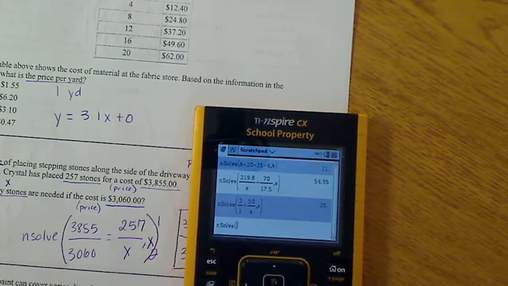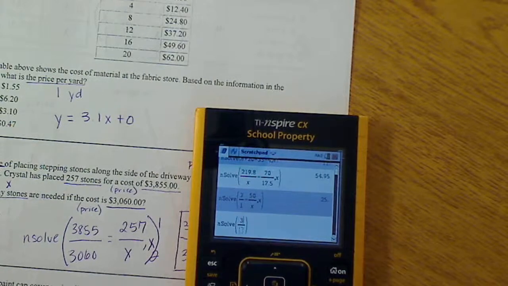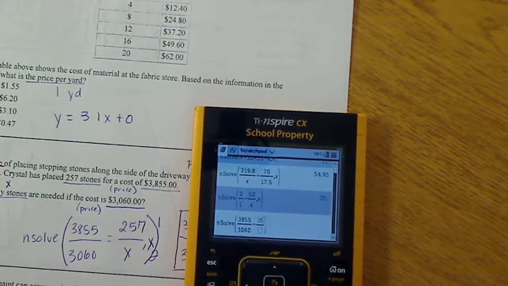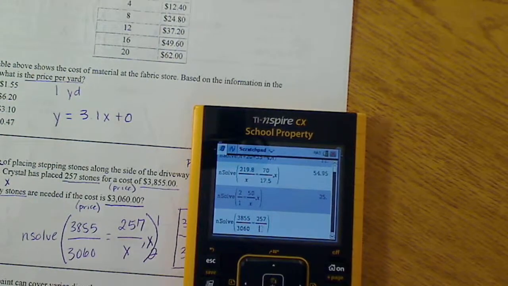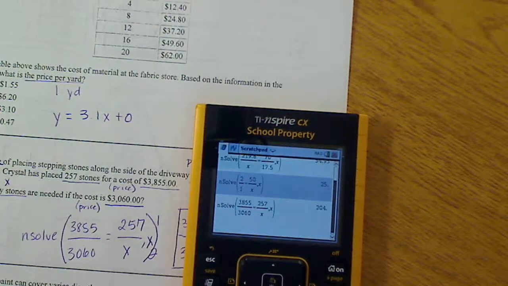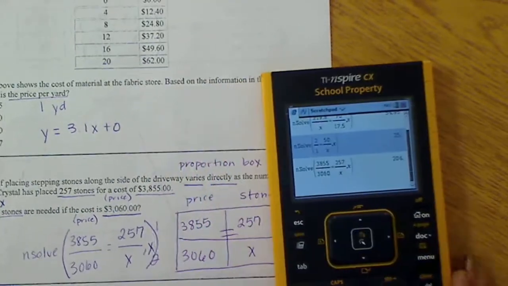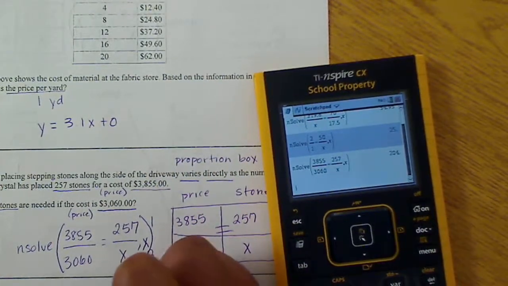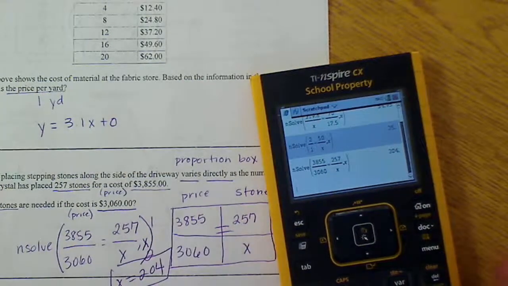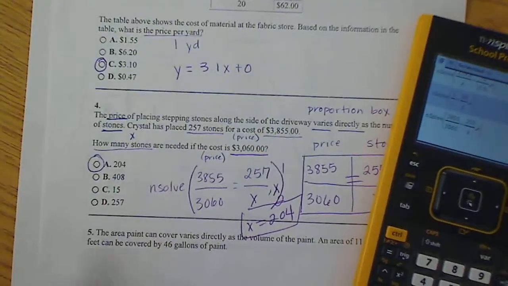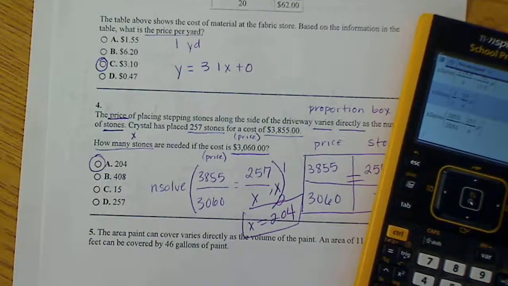Menu 3, 1, control divide, 3,855, 3,060 on the bottom, right arrow, equal sign, control divide again, 257 over x, comma x. Enter. And she was correct. She's got 204. X equals 204, which is A. Does anybody have any questions about that?